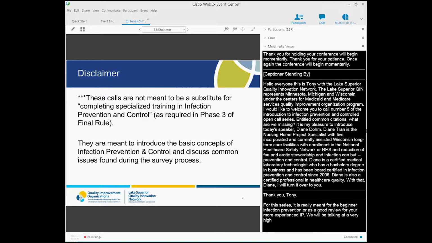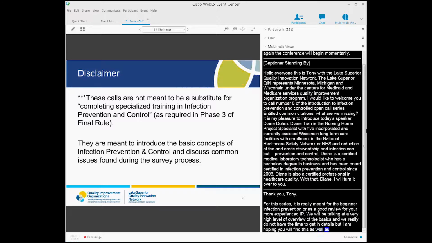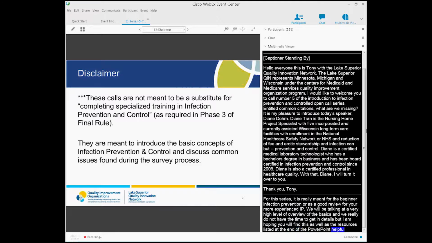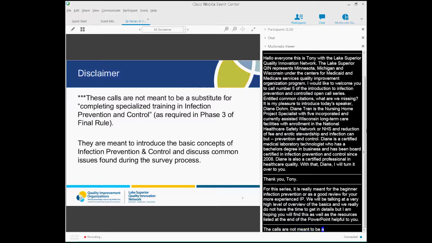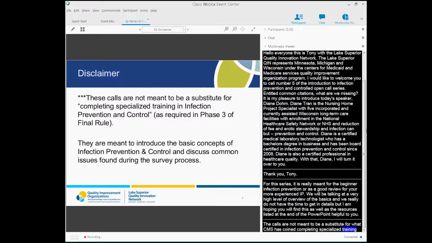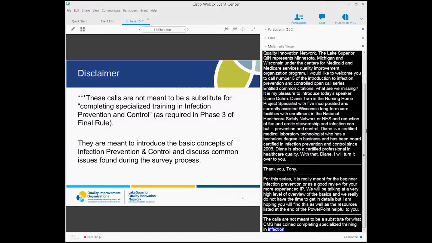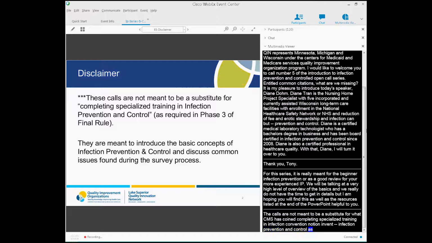These calls are not meant to be a substitute for what CMS has coined completing specialized training in infection prevention and control as required in Phase 3 of the final rule. The CMS and CDC did release a memo on March 16th stating that they will be offering a specialized training course in the spring of 2019.